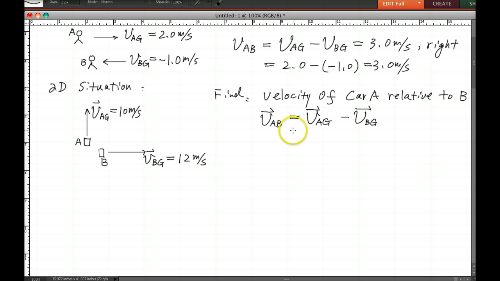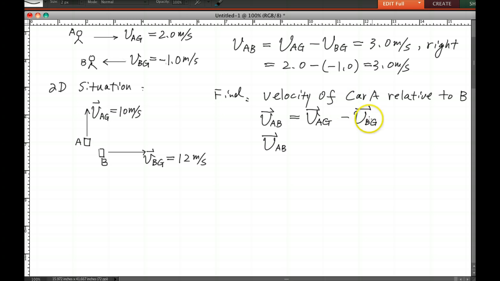Now some people might not like subtraction and ask, can I do addition? No problem. Move this one to the other side. Then we need to find this, so you can manipulate the relation: VAB.